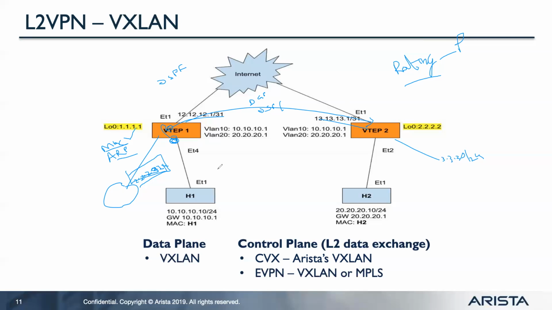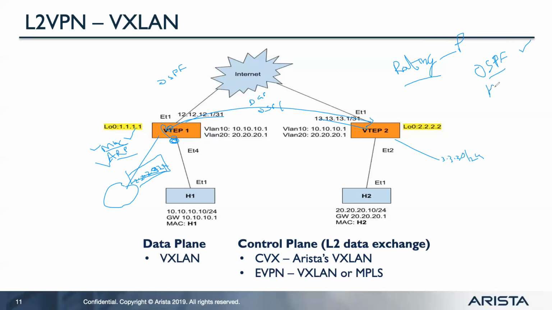So my point is, for advertising MAC or ARP, we can use any routing protocol which has this availability, provided that the routing protocol supports other information exchange other than IPv4 or IP L3 prefixes.